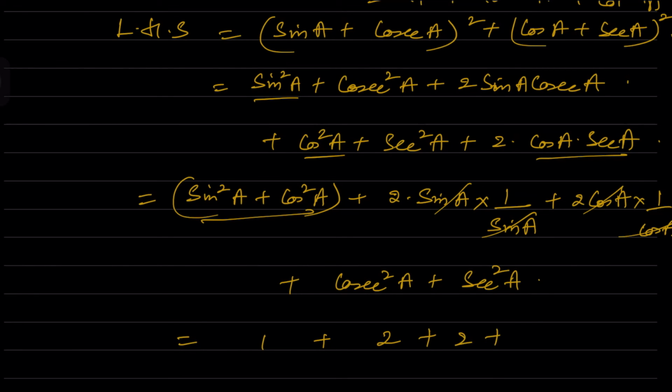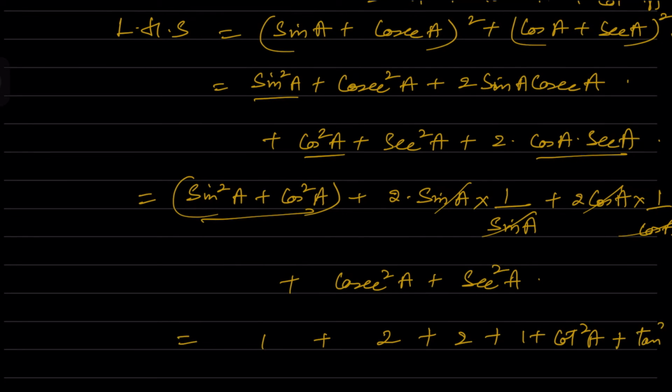plus 2 plus this cosecant square can be written as 1 plus cot square A plus this can be written as tan square A plus 1, secant square A. So this is written as this and this is written as this.